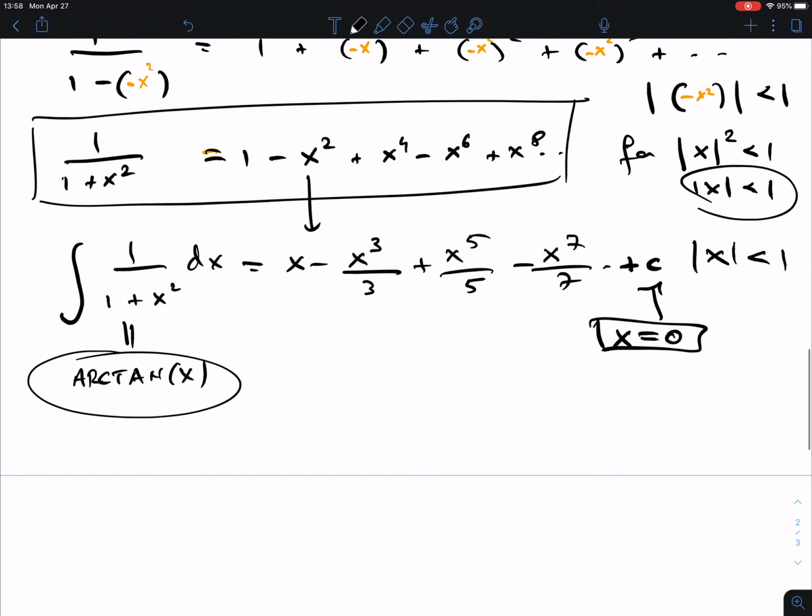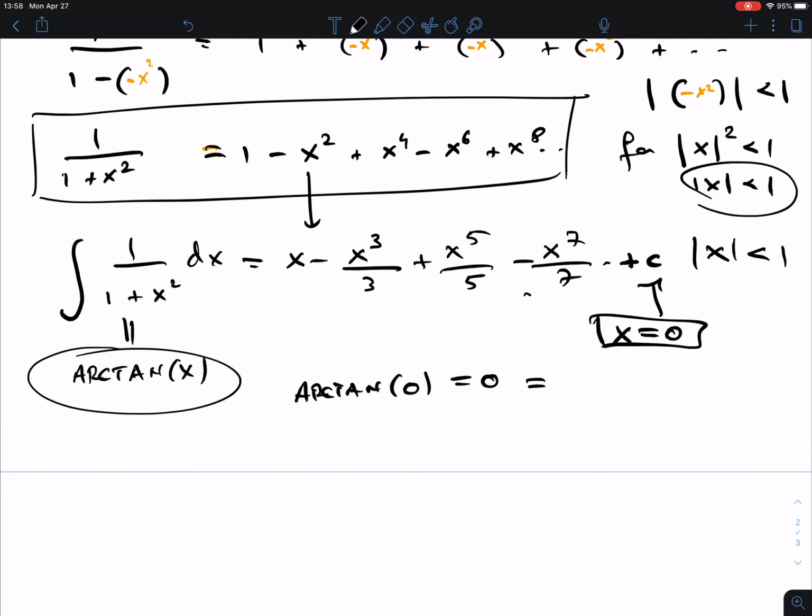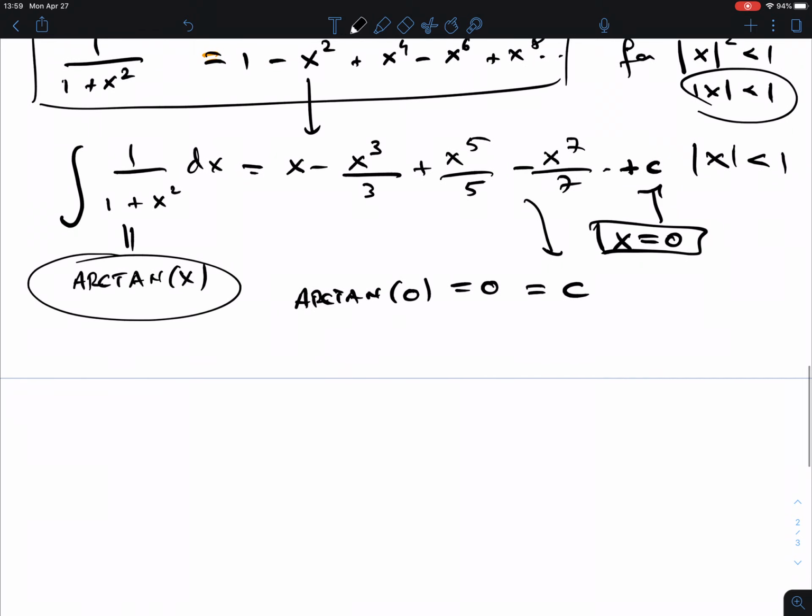Okay, so plug in 0. We know that the arctangent of 0 is 0. Look that up if you don't remember what it is. On the other hand, if I plug in 0 here, the only thing that survives is c, because everything else has a power of x. So the whole thing tells you c was 0.